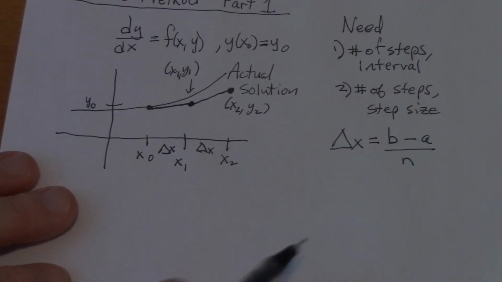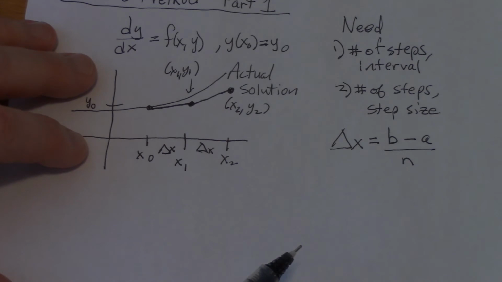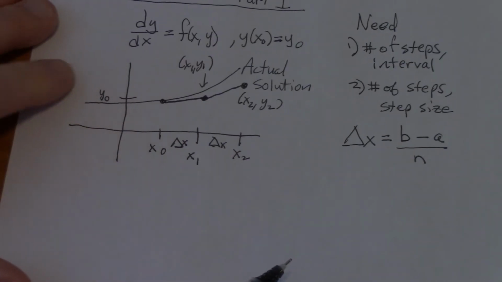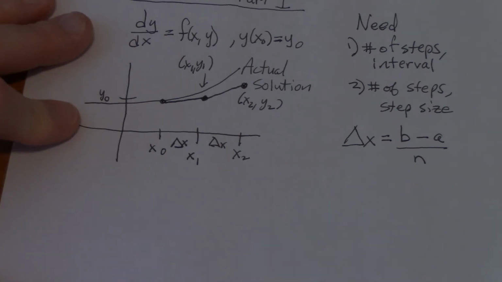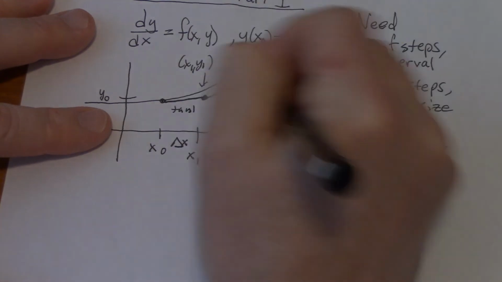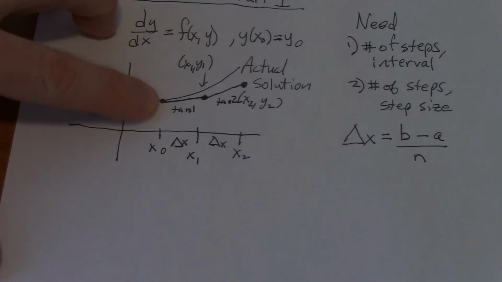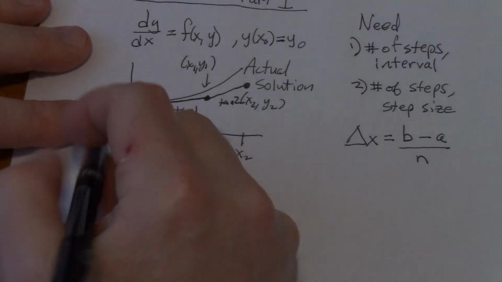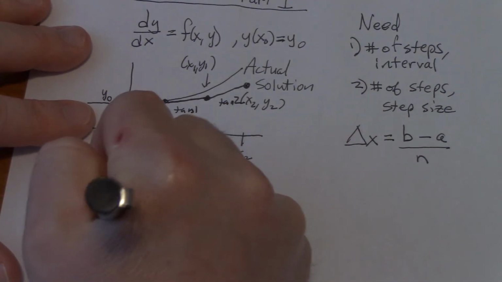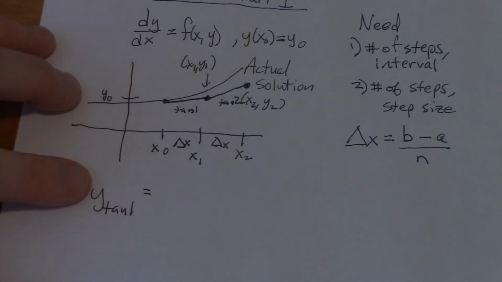All right, so there's a couple of formulas that go with it, and I'll say here, you don't really need to memorize what the formulas are. You need to know how to get them, or what the concept is behind them. So I'm going to say that would be tangent line 1, and that would be tangent line 2. So we need the equation of tangent line 1. That's going to be the slope, which would be dy/dx.